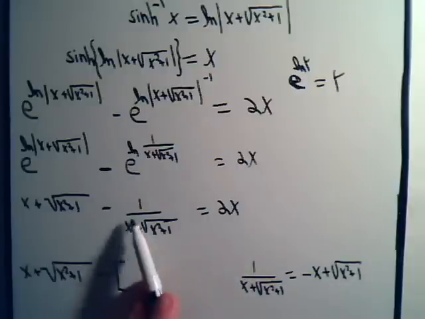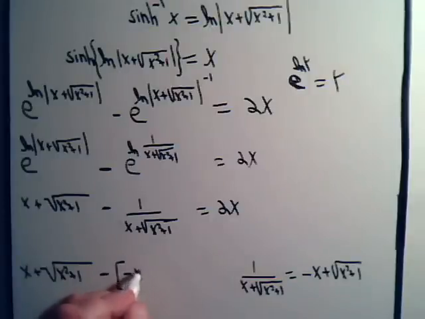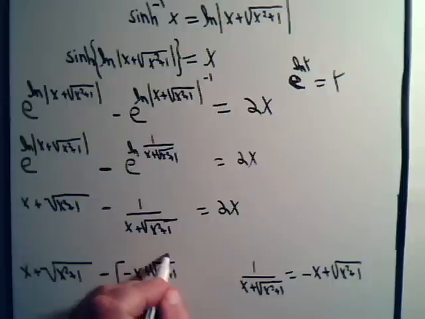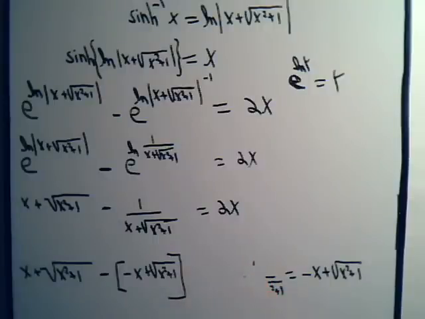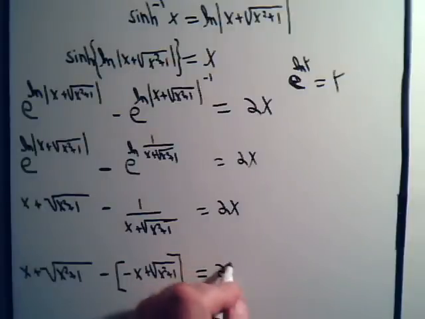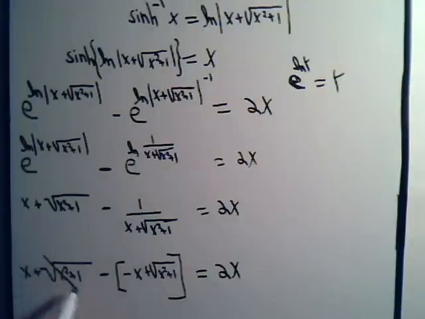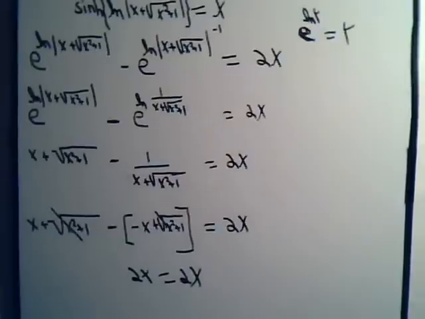So let's write this in place of this. And it looks like these will cancel. x minus negative x is x plus x. So indeed we get 2x equals 2x, and this side does come out to equal 2x.